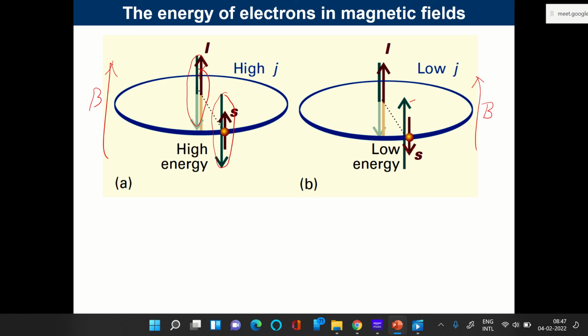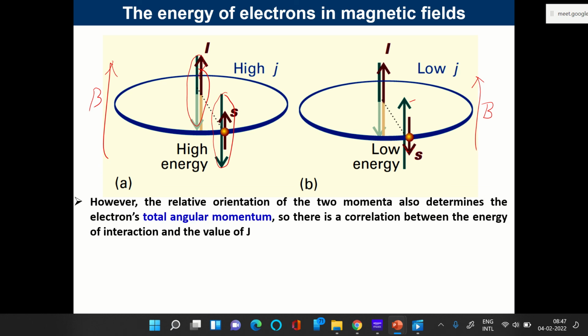The total angular momentum will be a sum of both, the orbital plus the spin, and this is what we did in the second semester when we were talking about J. The J value represented the summation of the two momenta, taking into account their relative orientation.